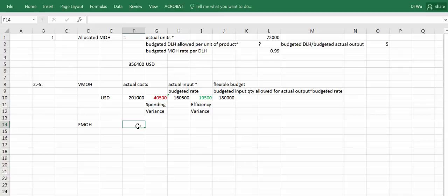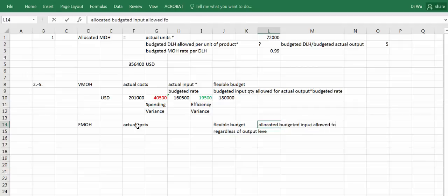So let's go ahead and outline the variances here. We have actual costs, definitely, and that's the first we have. Then we have the so-called flexible budget, which is the same regardless of output level. Then we have the allocated budgeted input allowed for actual output, times budgeted rate.